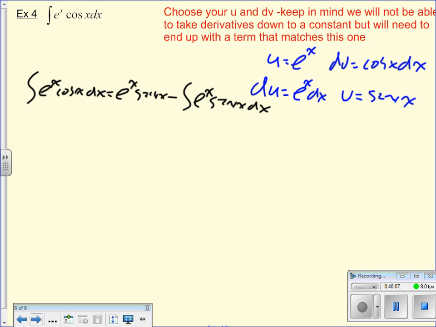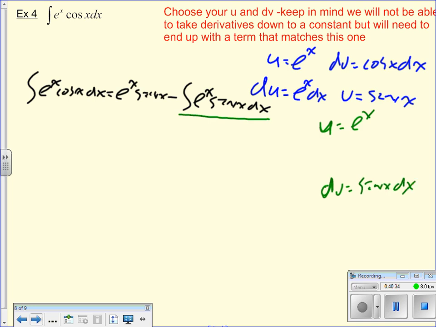So, for this equation here, u, dv. What's my u in the second integral? e to the x. So what's my dv? sine x dx.